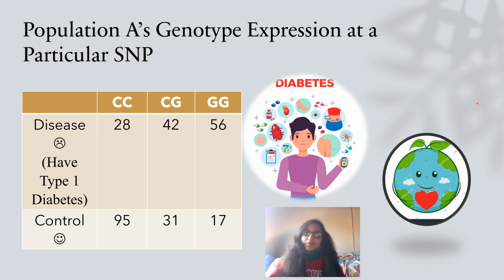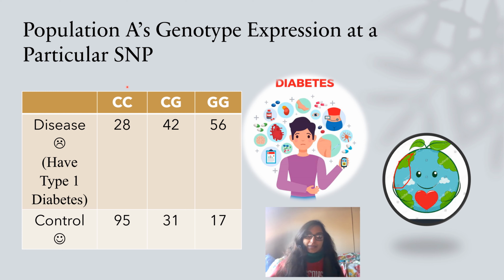So let's suppose that we want to look at type 1 diabetes, this juvenile diabetes. And we're looking at population A, so it's some subset of the population around the world that we're interested in, maybe just some group, we're trying to measure it. So we're trying to figure out, okay, well, we have calculated the genotype of individuals in population A at a particular SNP, the single nucleotide polymorphism.